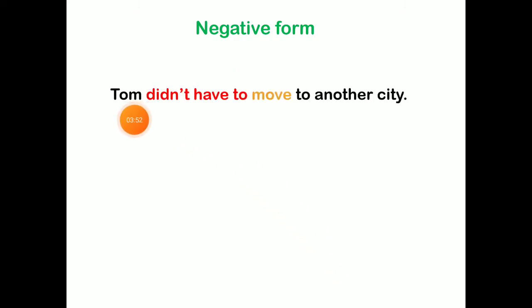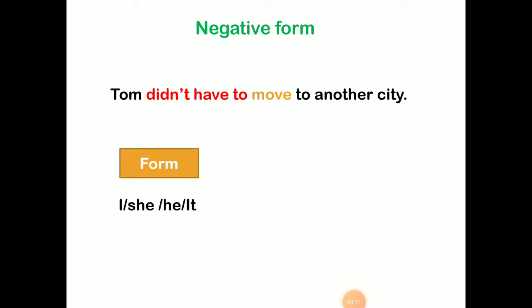Look here. Tom didn't have to move to another city. Tom didn't have to move to another city. We are talking about the past. Excellent. لم يكن من الضروري لتوم أن ينتقل إلى مدينة أخرى. It wasn't necessary for Tom to move to another city. لم يكن من الضروري في الماضي.